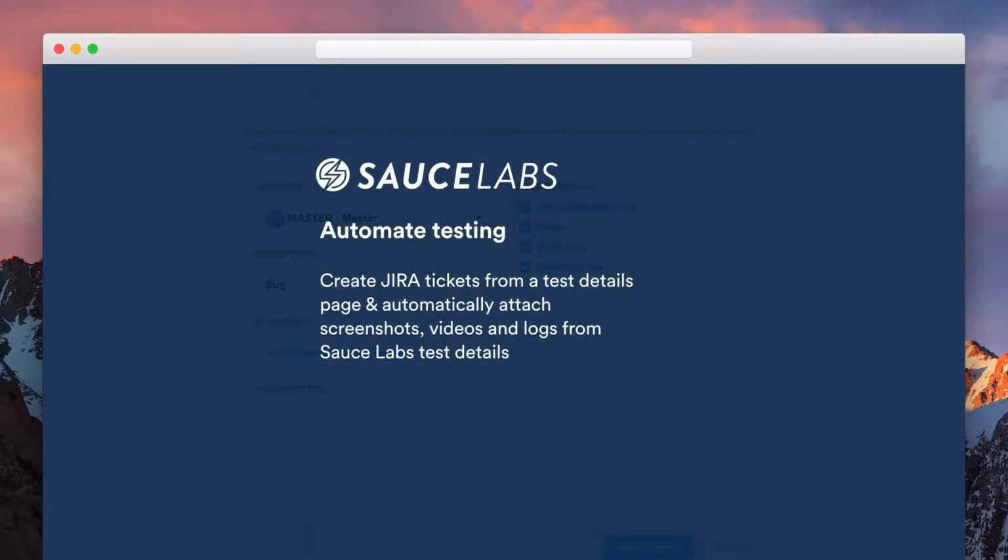Here you can see how you can create Jira tickets from a test details page and automatically attach screenshots, videos, and logs from a Sauce Labs test details page. The right people can then view the metadata directly in Jira. It's likely that your test tools are already integrated with Atlassian to improve collaboration and automate what you do manually.